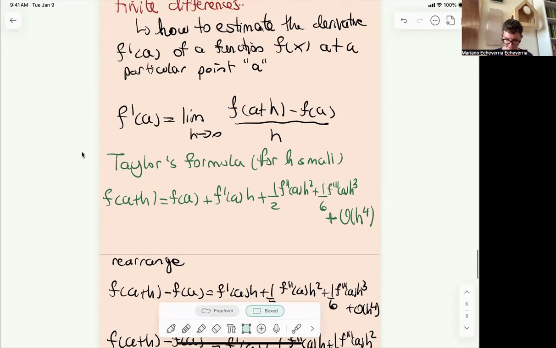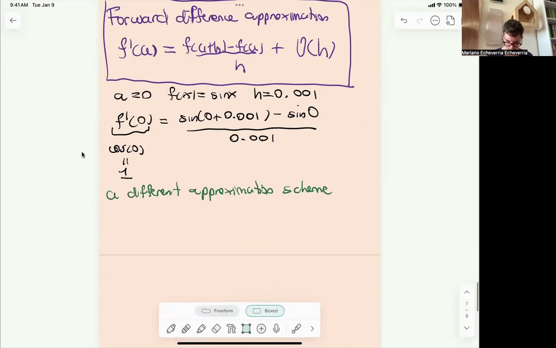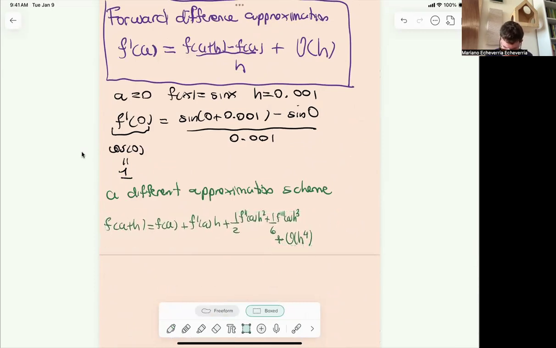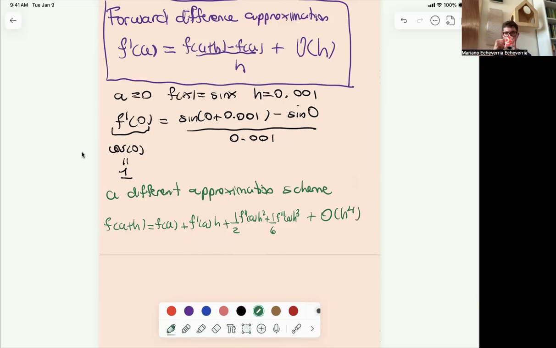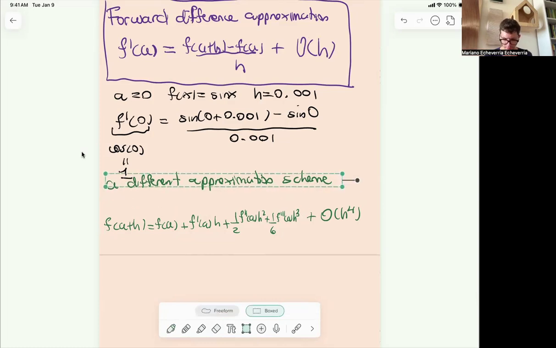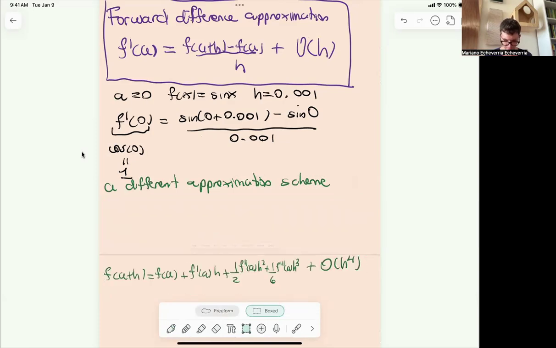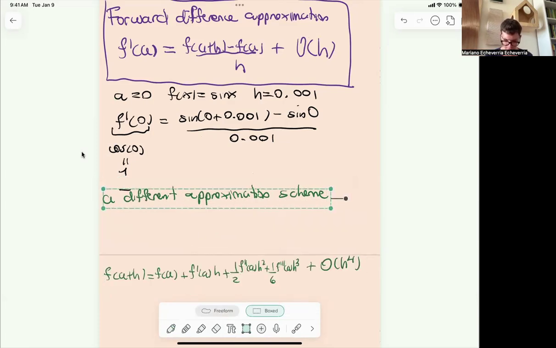So again, what I'll do is take Taylor's formula. Let me copy paste it. By the way, I should make a picture here. In terms of a picture, on the number line, what's going on?